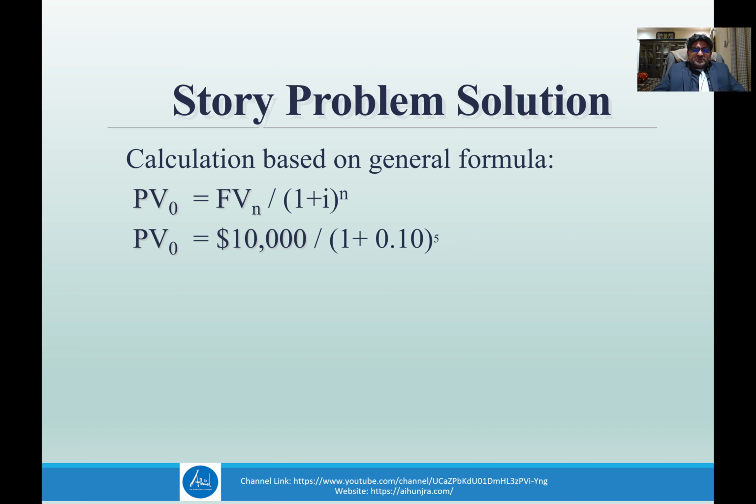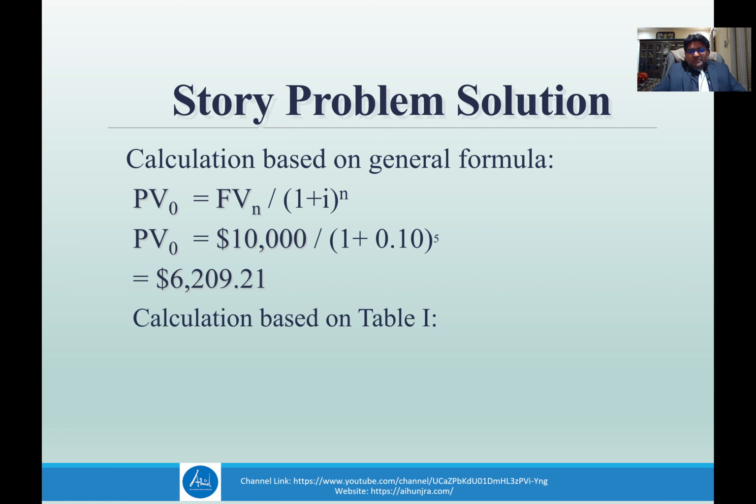In this case, future value is 10,000 divided by 1 plus 0.10 raised to the power 5. So the overall calculated value is $6,209.21. Our target future value is 10,000, and the present value is 6,200, as we know that the present value is always less than the future value.